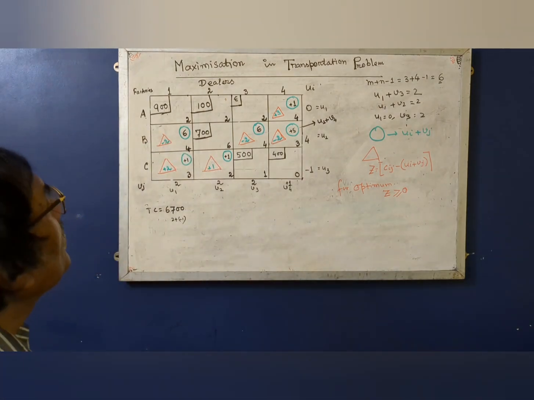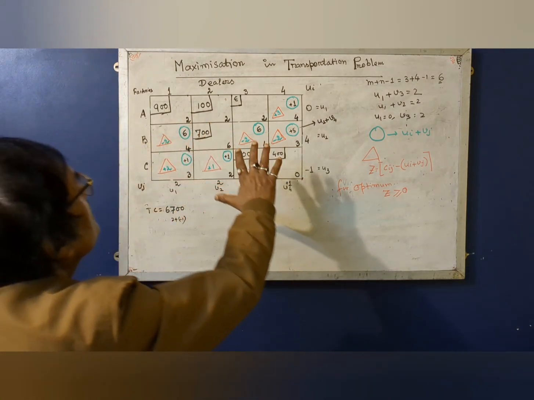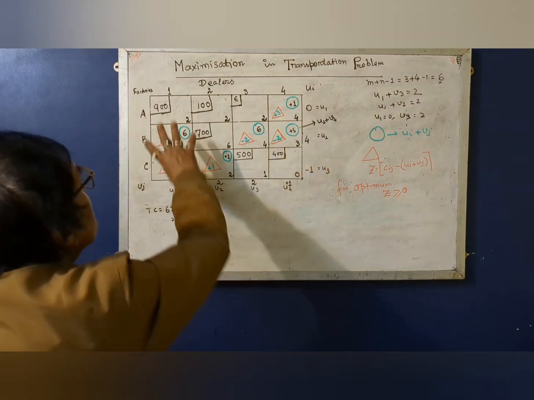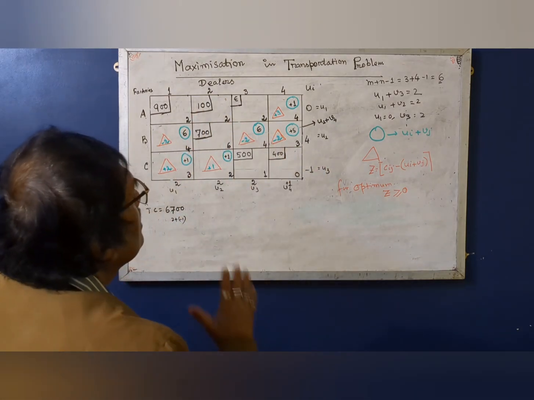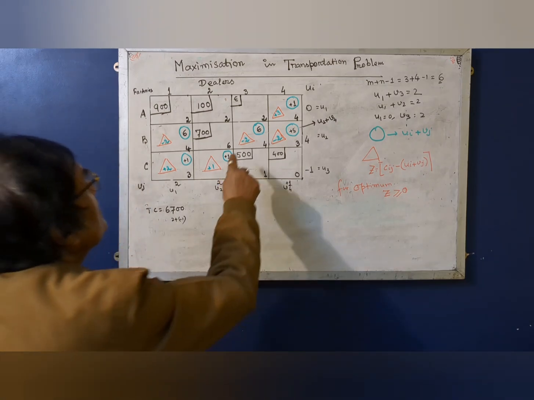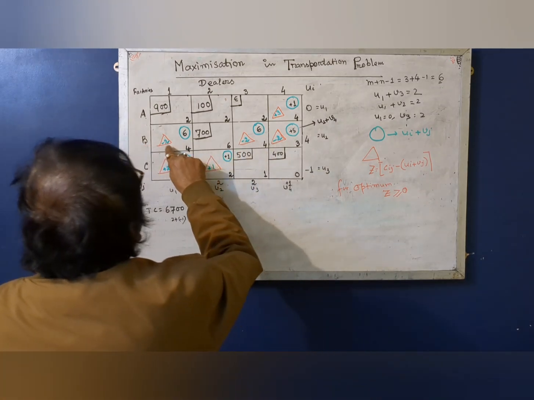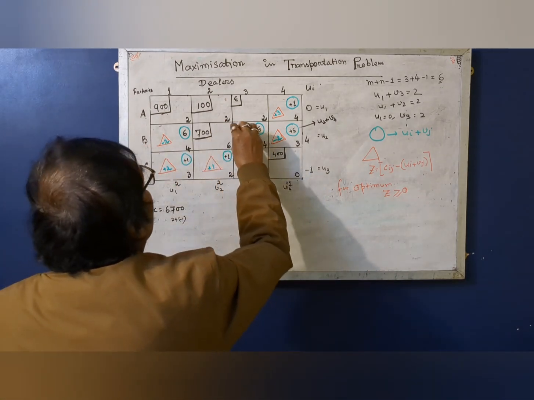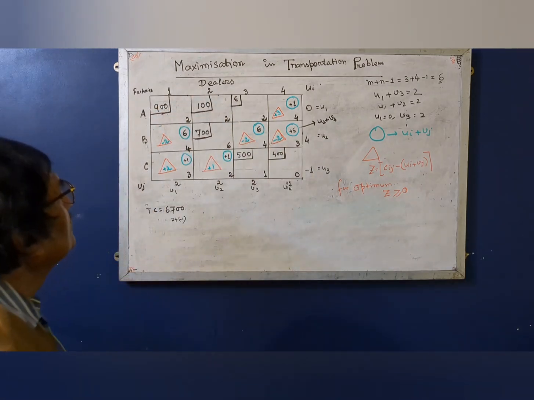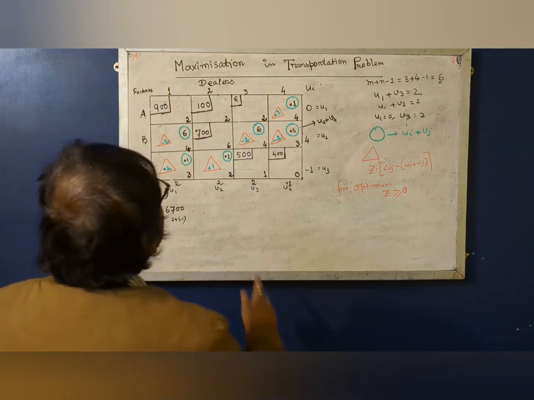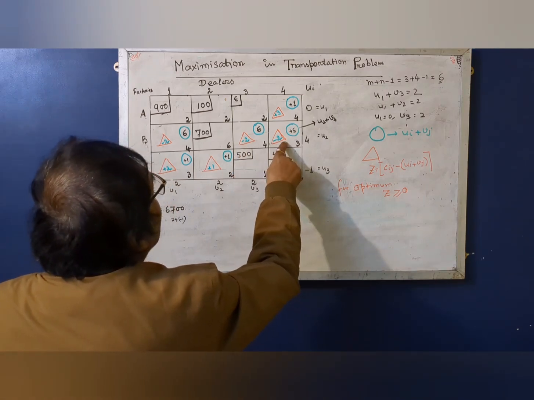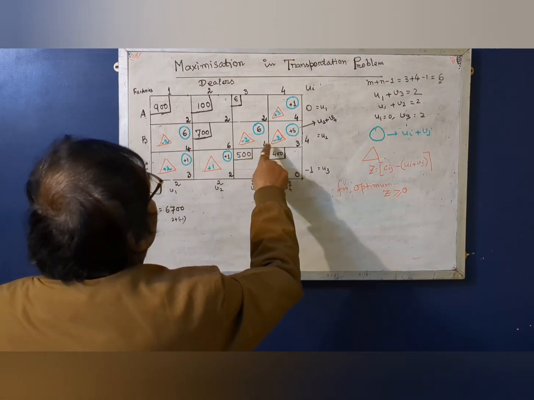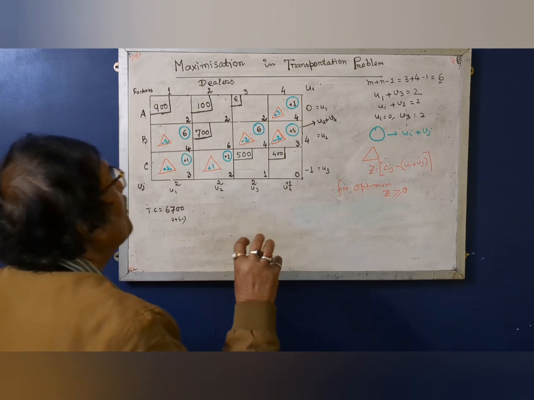Now what will you do? That means you have not reached the optimum. You should change your allocation. Your allocation is not the best allocation, so you have to change it. How do you change it? A negative value indicates there is scope to shift quantities from these cells. As the net evaluation value of minus 2 is the same, if one were more negative you would select that one.